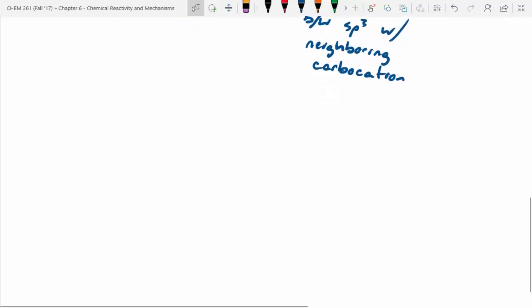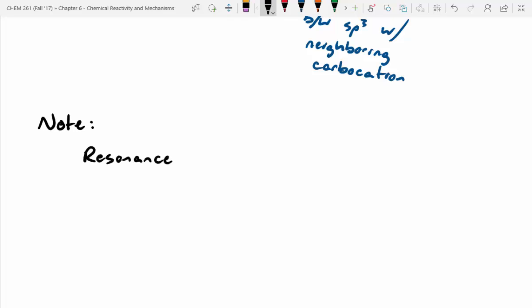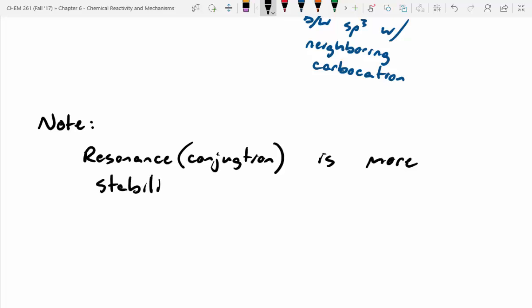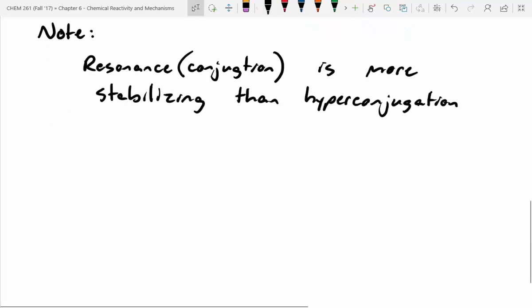Okay. Another note, too, is that resonance/conjugation is more stabilizing than hyperconjugation. So, for example, up here, we had this compound where we said, this is really stable. Some students will look at this and they'll say, but it's a primary carbocation.